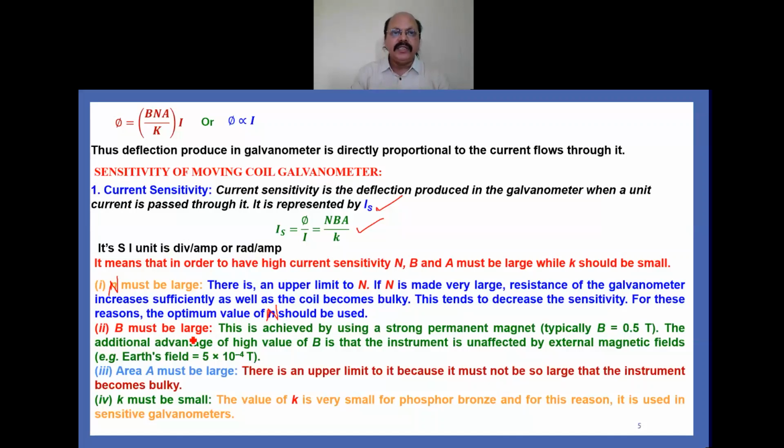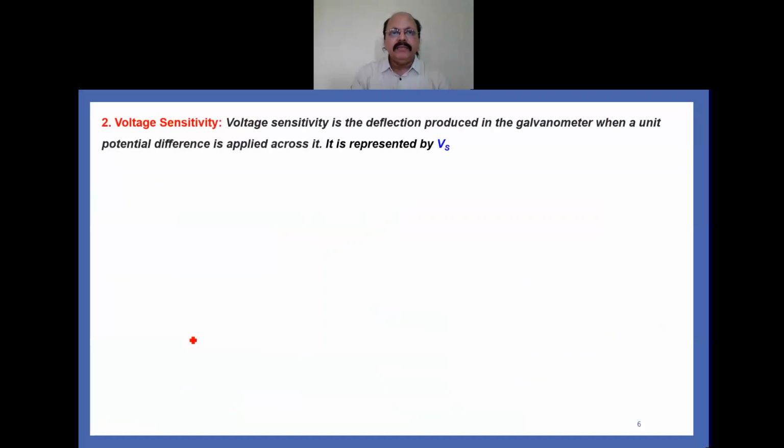So this is about current sensitivity. Now we take voltage sensitivity. Similarly, we can define the voltage sensitivity: the deflection produced in the galvanometer when unit potential difference is applied across it, and it is represented by V_S. Then V_S equals phi upon V, but V equals IR, and phi upon I is equal to I_S. So I_S upon R, and I_S is NBA upon K. So finally you will get V_S equal to NBA upon KR.